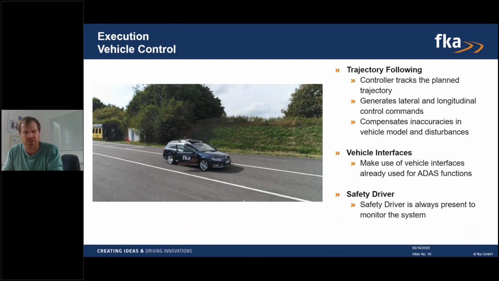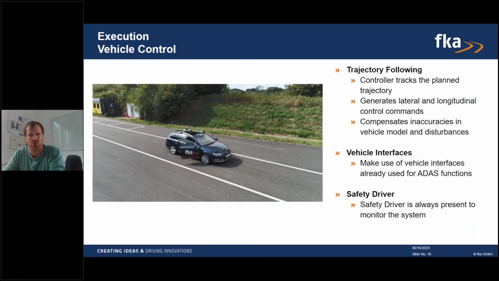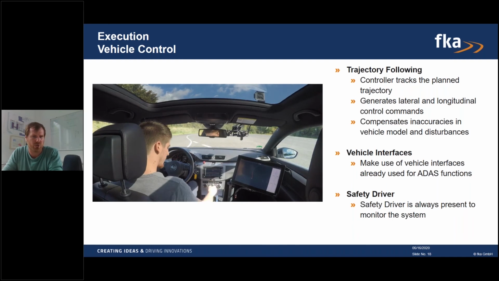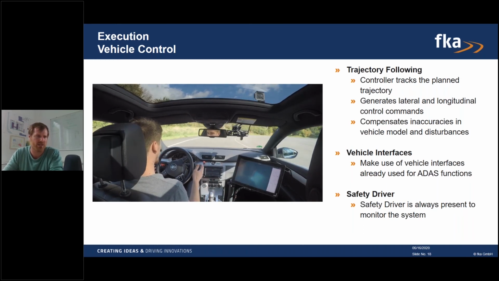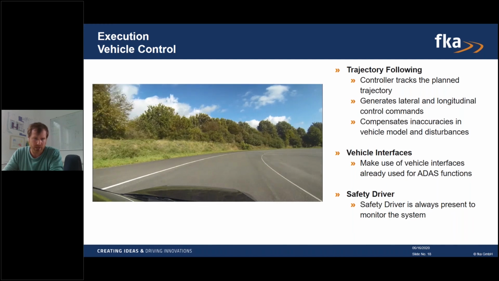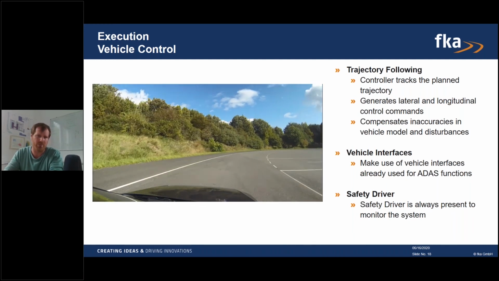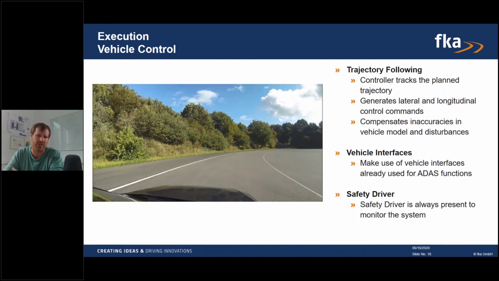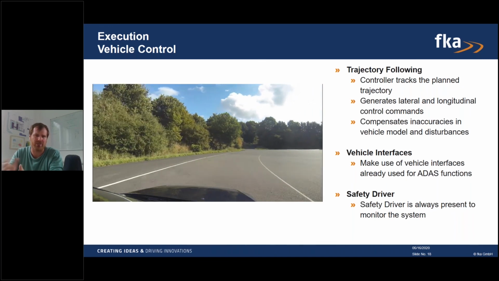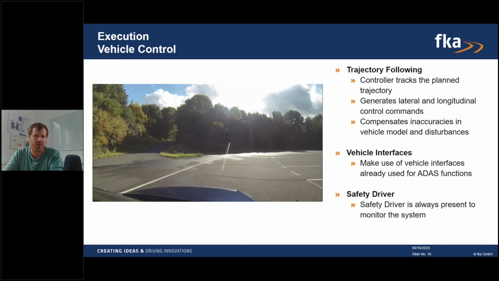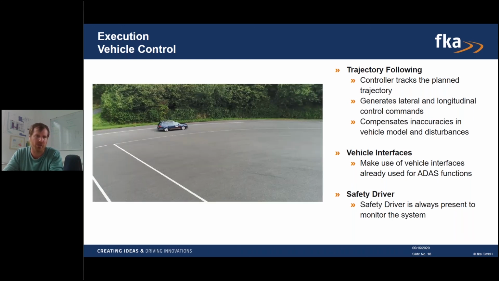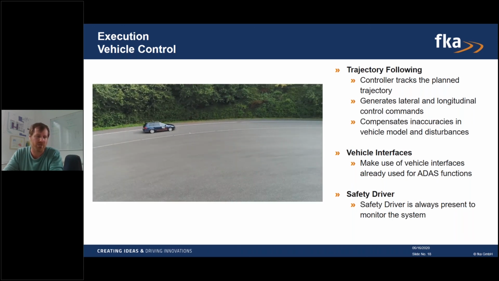So for this, we typically add another controller which actually tracks the planned trajectory, and it generates the specific lateral and longitudinal control commands which are then forwarded to the vehicle. So they can vary depending on the vehicle type you use and the degrees of freedom your vehicle system gives you.